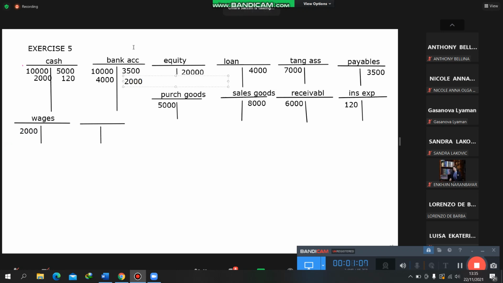Then, store rented for a year, starting the 1st of November, annual expense 240, payment postponed. Okay, here we rent for a year, and we rented the store. We started to use it the 1st of November, but the expense, that is 240, the monetary part is postponed.